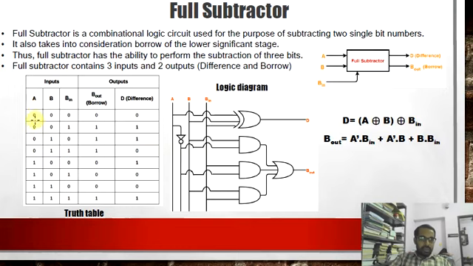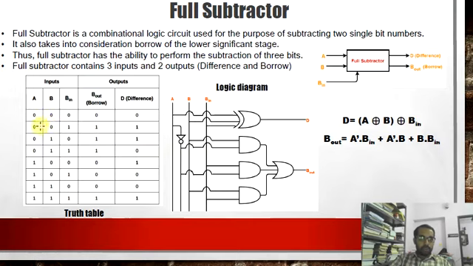Just like the binary subtraction rule, 0 minus 0 will be 0, and again you are subtracting 0 from 0, the borrow output will be 0, and the difference will be 0. Second case, you are subtracting 0 from 0, it is 0, and again you are subtracting 1, so that means 0 minus 1.